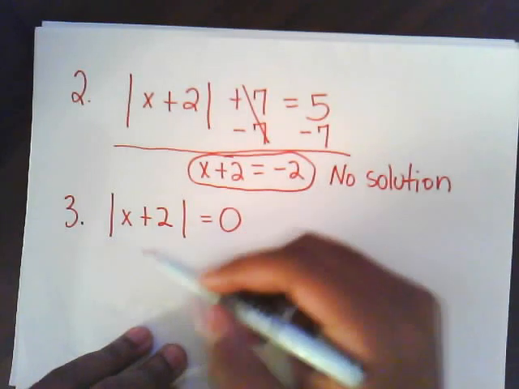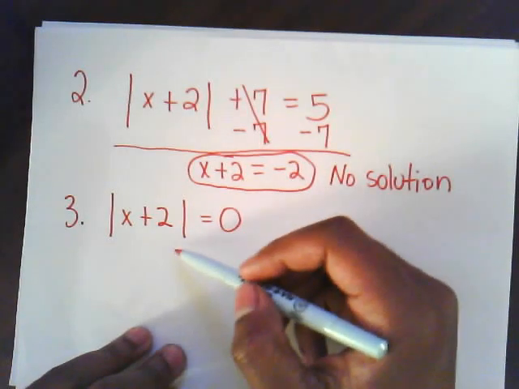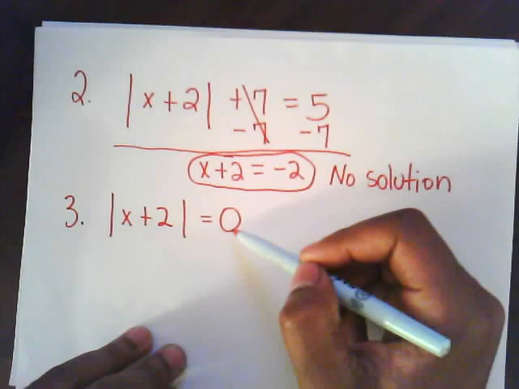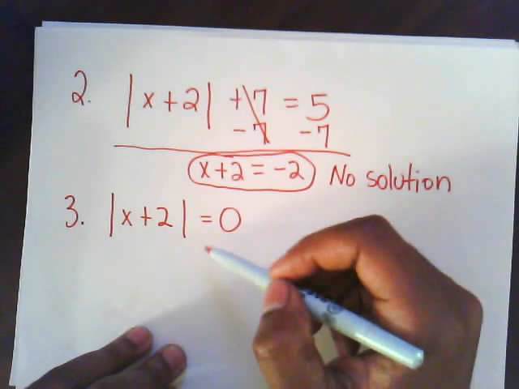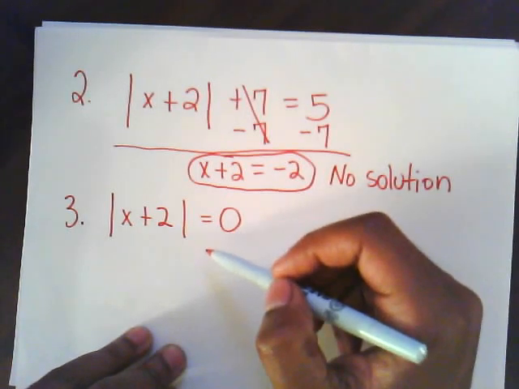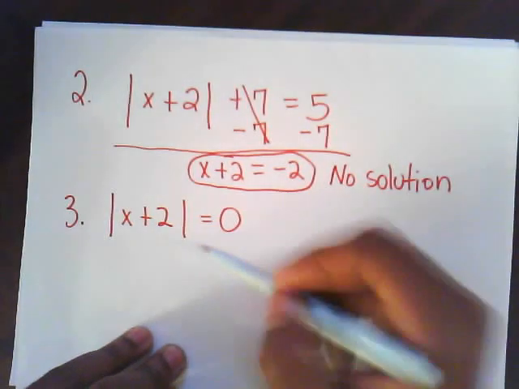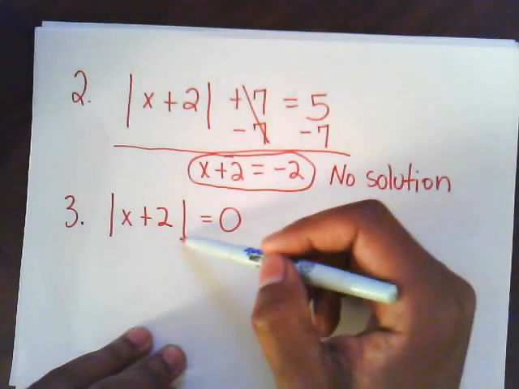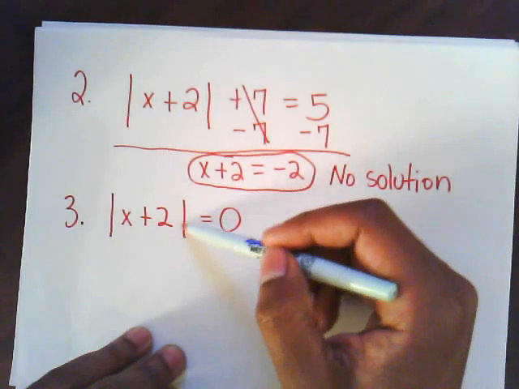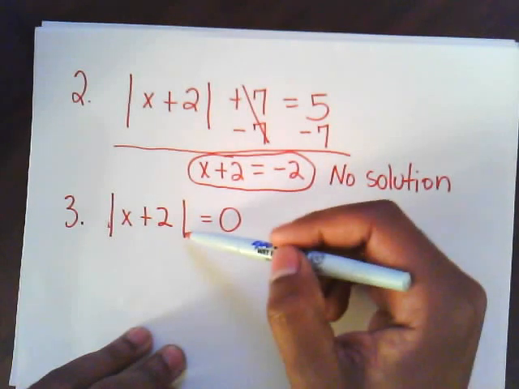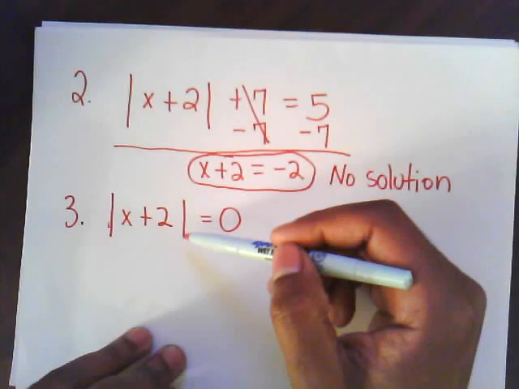We have the absolute value of x plus 2 equals 0. Well, we move everything away from the absolute value by doing the inverse operation. However, when we look at this particular problem, there's nothing around the absolute value. So we don't need to do that step.